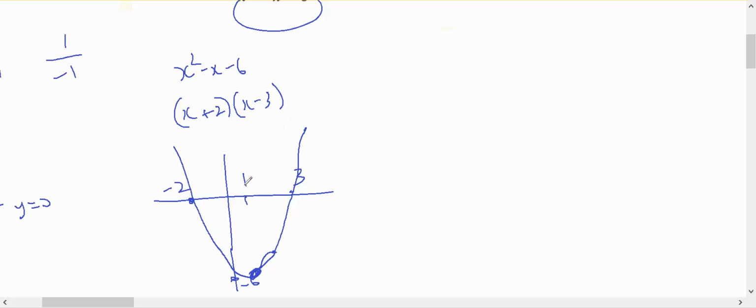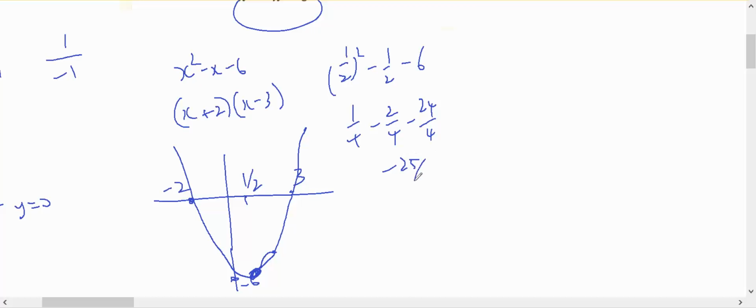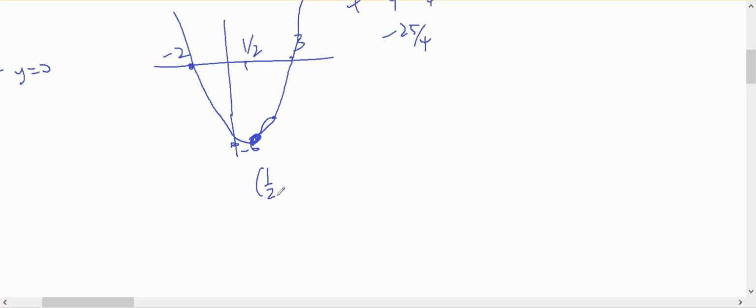Is that 1? No, it's not 1, it's a half. So a half squared minus a half minus 6 is going to be 1/4 minus 2/4 minus 24/4, which is negative 25/4. So that point down there is at a half and negative 25 on 4.